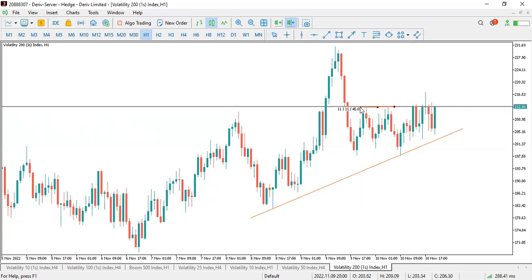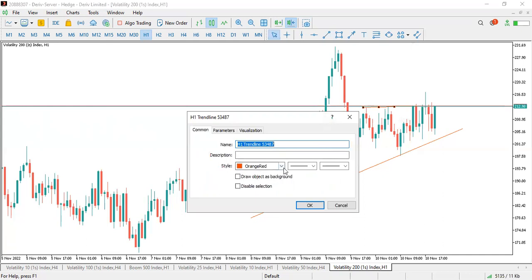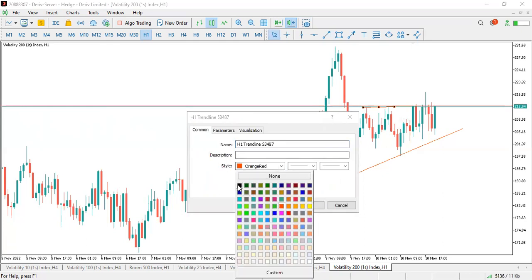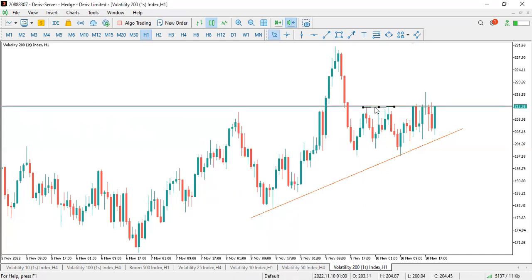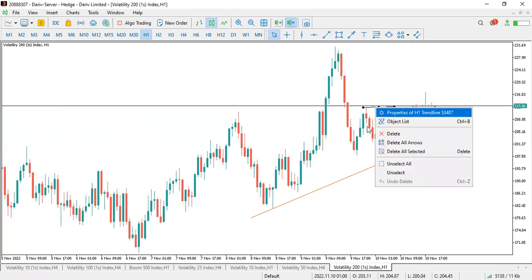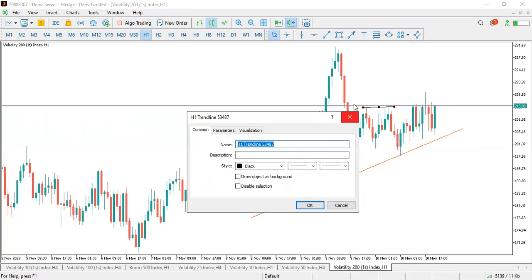Is the red color showing well, or should I change it? Can you both see the red color, or should I change it? Yeah, the red color is fine. Let me make it black so that it will be visible. But your voice is not consistent. My voice is not consistent? It's the network.